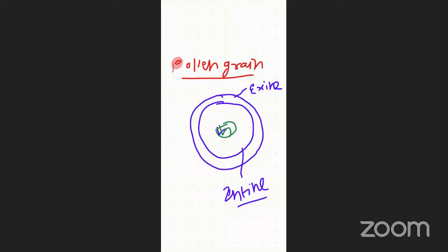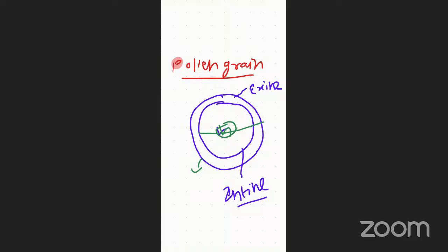But what happened? Please remember it. The pollen grain or microspore further develops into the male gametophyte. While it develops into the male gametophyte, the nucleus of this single cell divides into two.